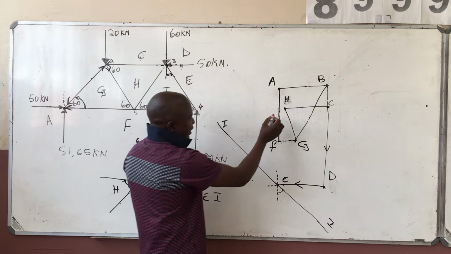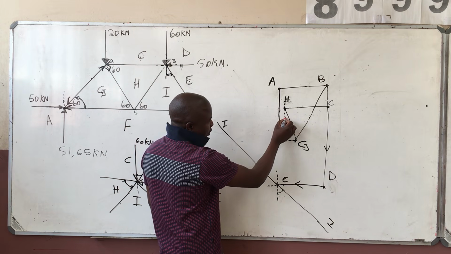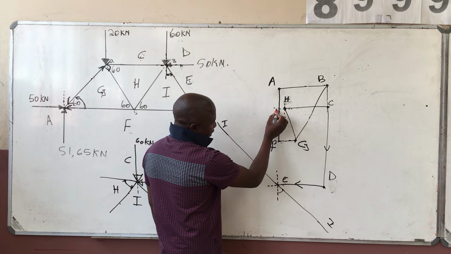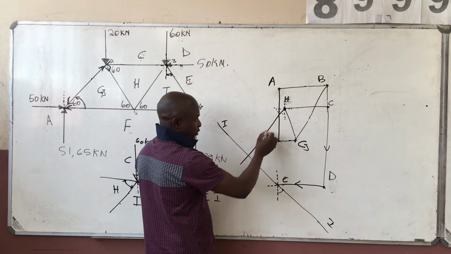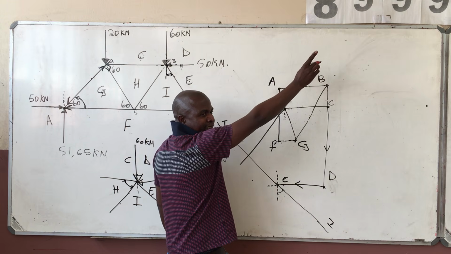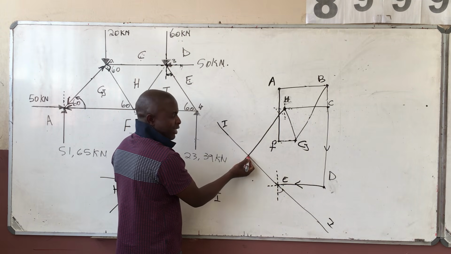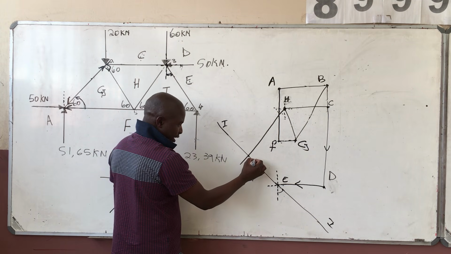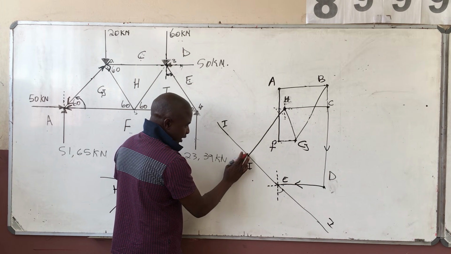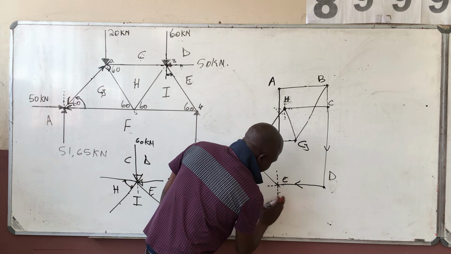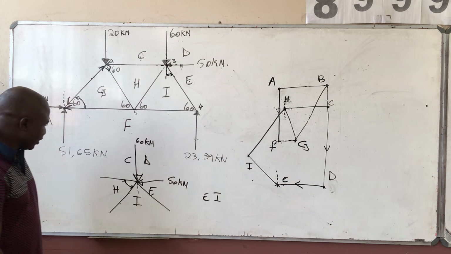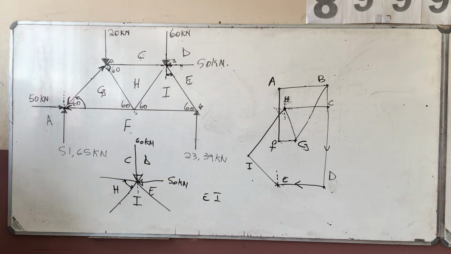So at H, I will have my invisible small Cartesian plane. I measure 60 from there. Then I draw. Is there any need to go that side? I already know that my I is this side, ne? Yes, there is my I. So I can take out the rest. Even this side, I can take it out. Is there any other point? No. HC is already there, ne?